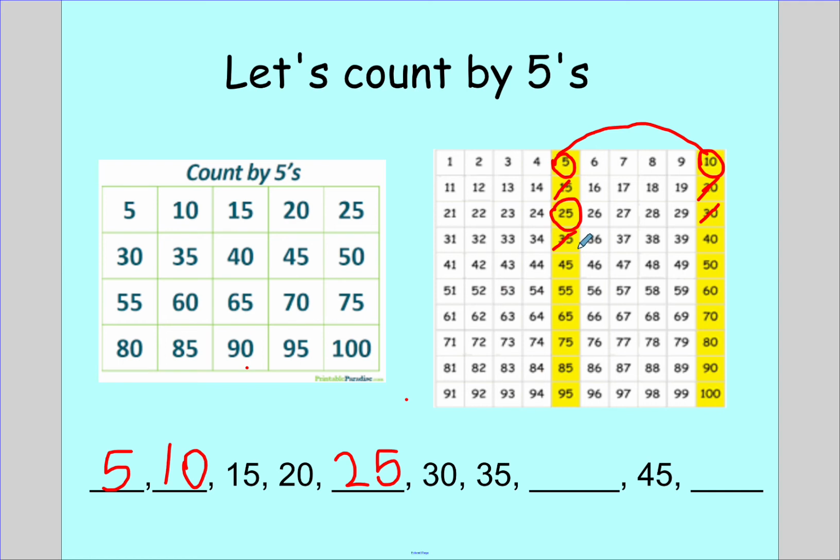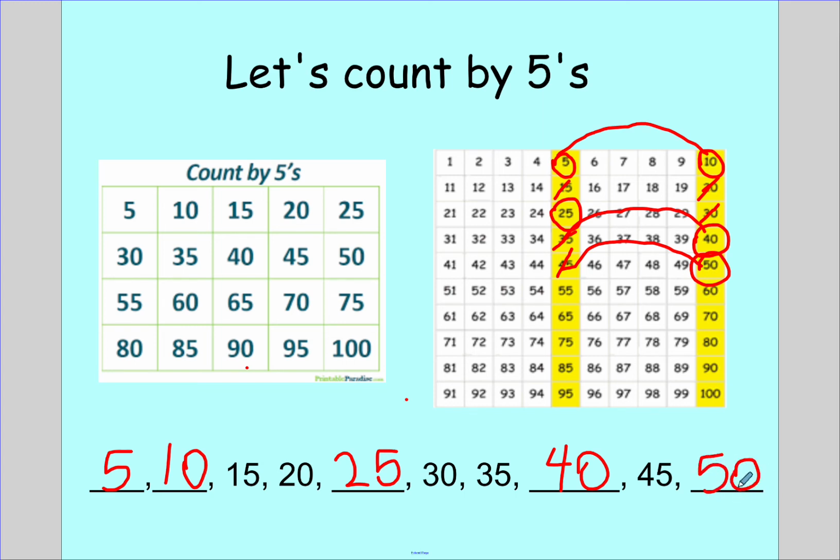And then I'm going to skip all the way over to the next number that ends in 0 because I am missing the number after 35. And I have 40. And I have 45. And then I'm going to skip all the way to my next number, which is 50.